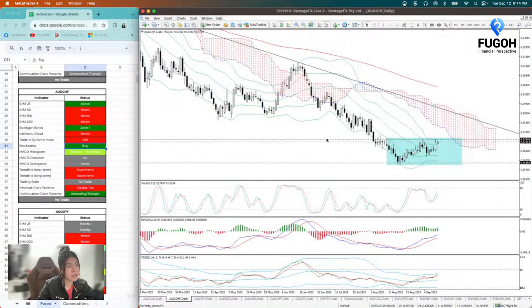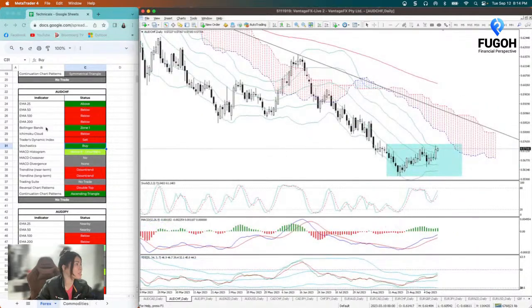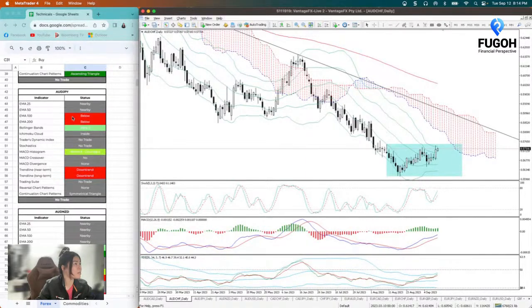But if you're like me who likes to trade outside the range, then this is where I buy and this is where I sell. I like to stay outside of the range. There's a clear breakout, and that's when I will trade. But so far, it's still within the range, so I will forget about this pair first. Still no trade. Let's go to the next pair, which is AUD JPY.